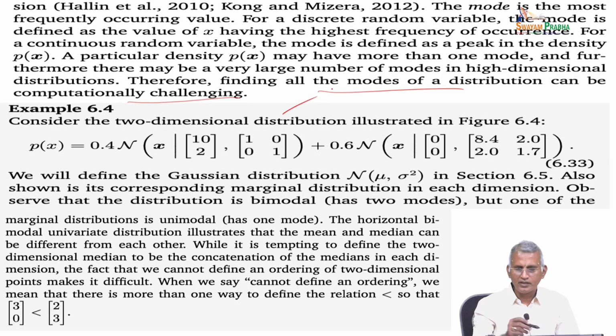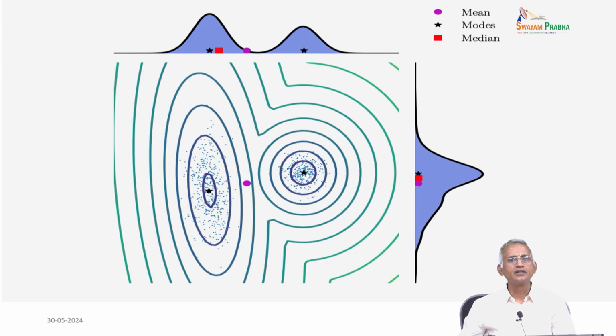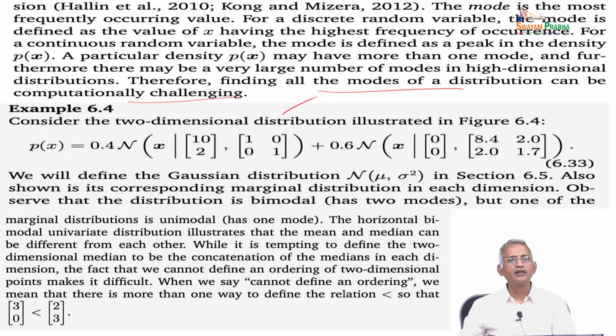Now, based on that, we will go to the example. Consider the two-dimensional distribution illustrated in figure 6.4. This is the 6.4 figure, right? Mean, mode, median, and then P of x equal to 0.4 times N of x given the mean (10, 2) and the covariance matrix [1 0; 0 1], plus 0.6 times N of x given the mean (0, 0) and the covariance matrix [8.4 2.0; 2.0 1.7].